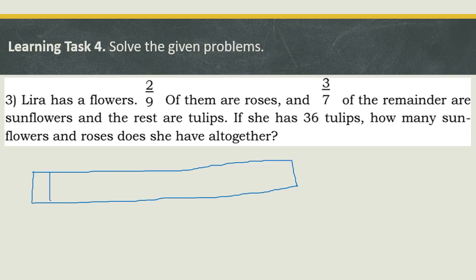Okay, so 1, 2, 3, 4, 5, 6, 7, 8, 9. Okay, so assume natin pantay-pantay yan. Ang 2/9 daw, so ito ay roses. So ito po ay roses.